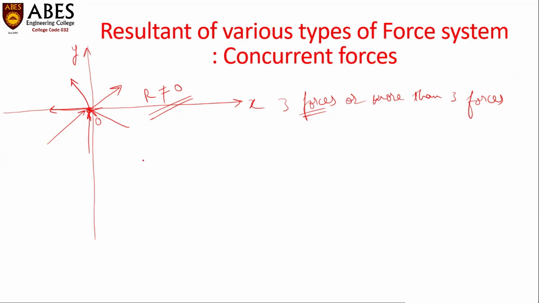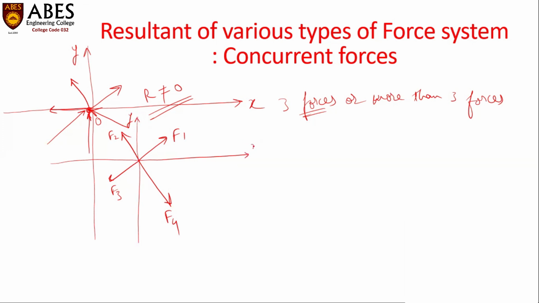Suppose these are the 4 forces, F1, F2, F3, and F4. And this is the origin, and x-axis and y-axis respectively. This angle is theta 1.